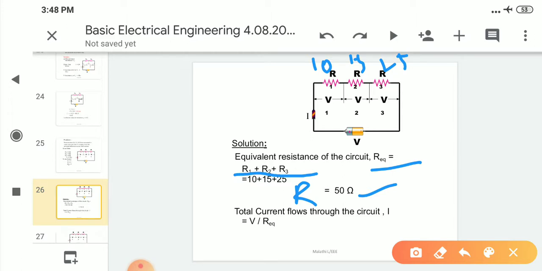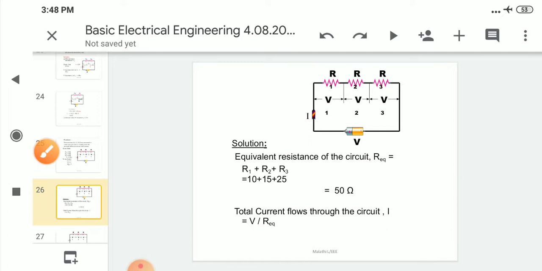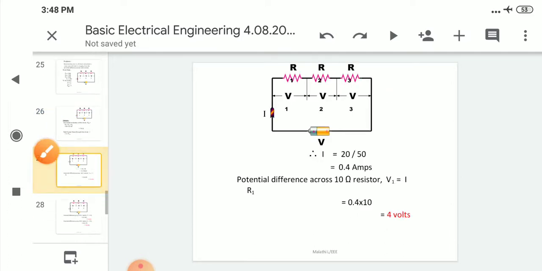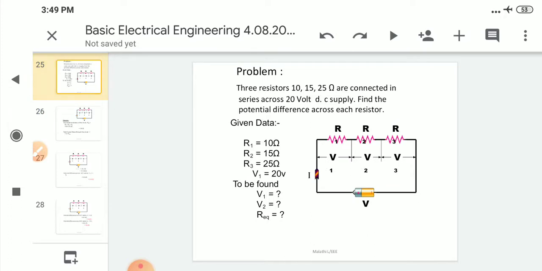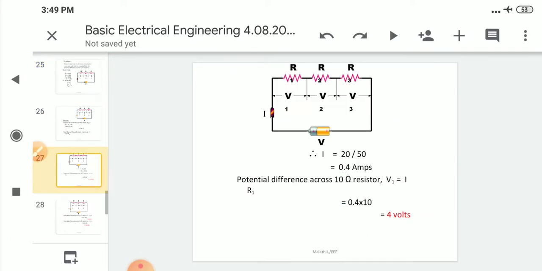According to Ohm's law, I is equal to V by R. R we found as 50, and V is given as 20.